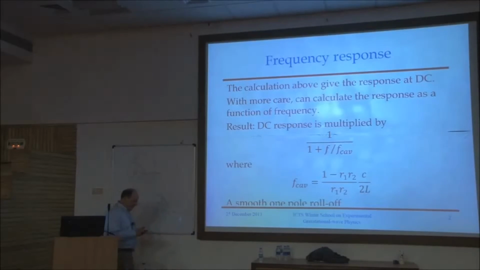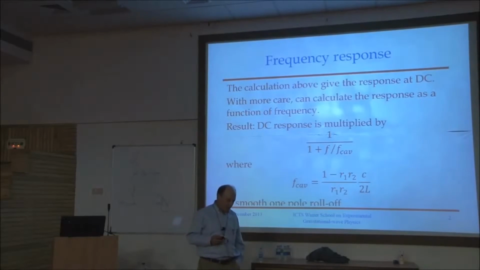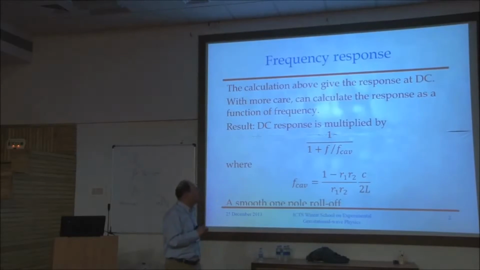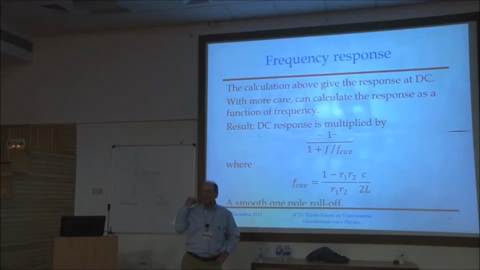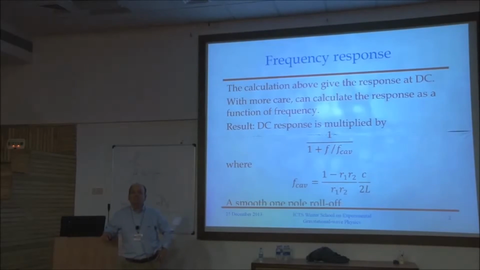Okay, so those are just the words that I just said. Now, I just want to remark about one other fact before I turn the stage over to Rana, and that is that the calculation that I just walked us through was for DC, or very, very low frequencies. It's a more involved calculation that I'm not in a position to walk us through, that considers what happens if the length change of the end mirror happens at a non-negligibly low frequency.